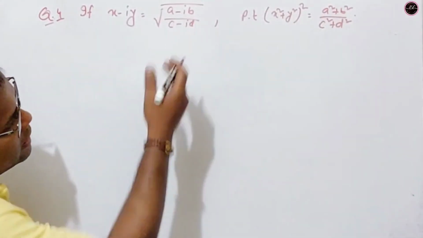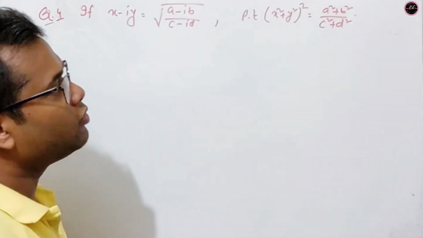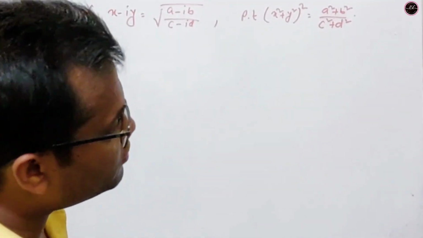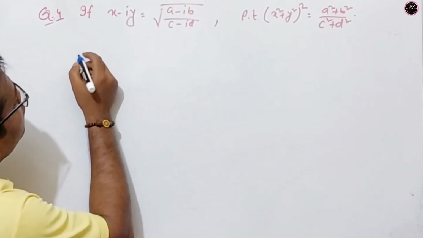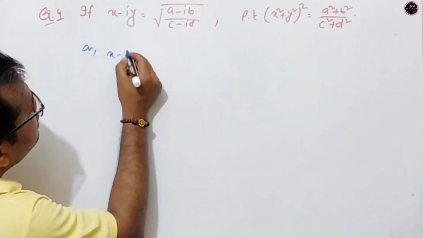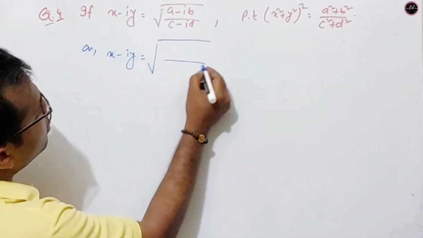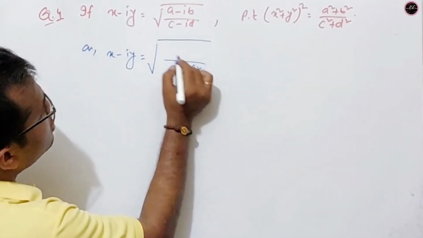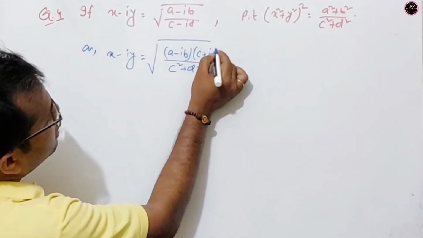If x minus iy equal to root over a minus ib divided by c minus id, prove that x square plus y square whole square equal to a square plus b square by c square plus d square. So now here we can write x minus iy equal to root over, just rationalize this, we get c square plus d square divided by a minus ib into c plus id.